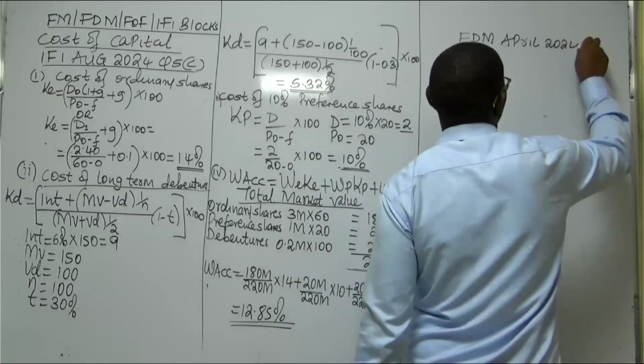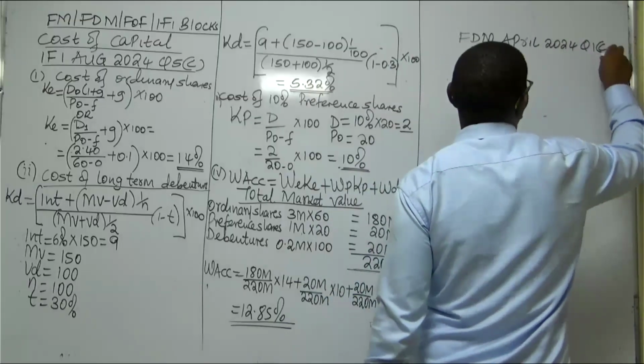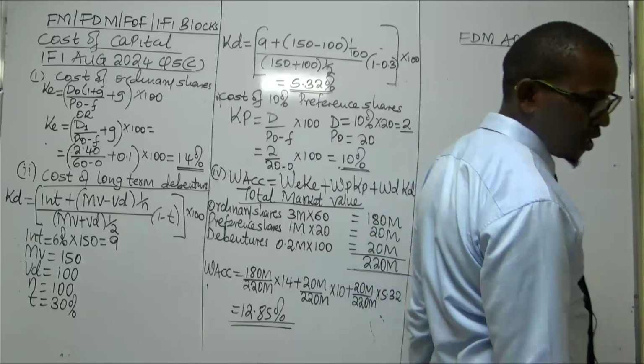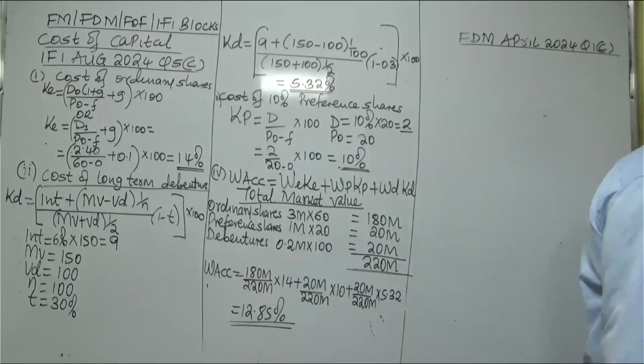April 2024, question 1C. For those doing financial decision making, the higher chance is on WMCC. In fact, even when you look at the paper, it can tell you. In April 2024, it was WMCC.